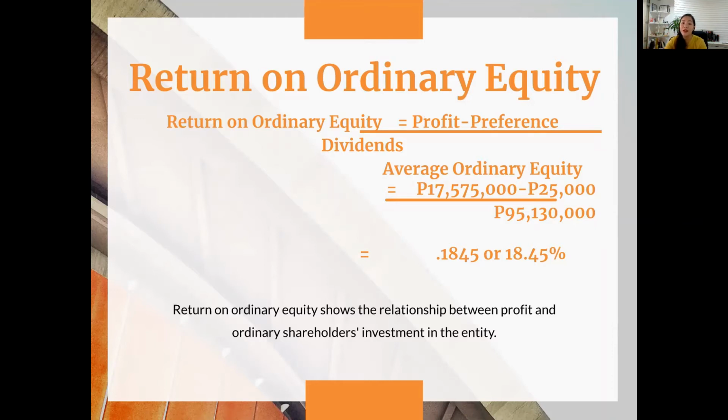But dividends are those that are declared at the end of the year on their shares, how much is paid back to them, over the declared dividends. Oh, I think I made a wrong message. Sorry, class. Profit minus preference dividends over average ordinary equity.